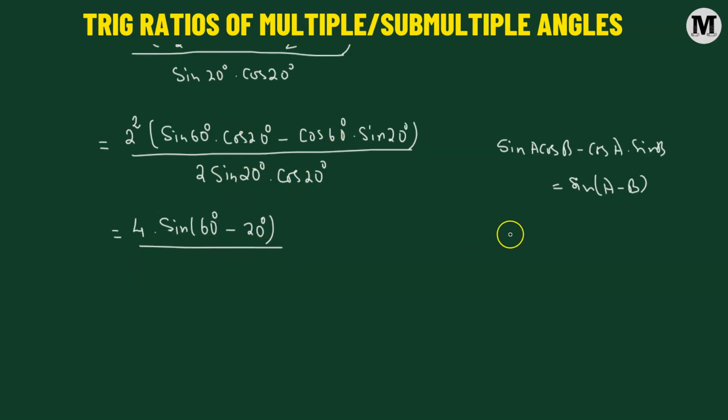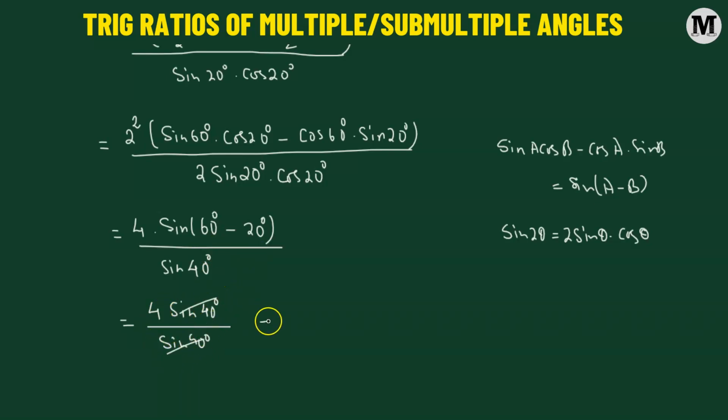So this is going to be another formula. We know sine 2 theta is given by 2 sine theta times cosine theta. In our case, theta is 20 degree, so we get sine 2 times theta, that means sine 40 degree. So this will be equal to 4 times sine of 60 minus 20, that's 40 degree, divided by sine 40 degree.